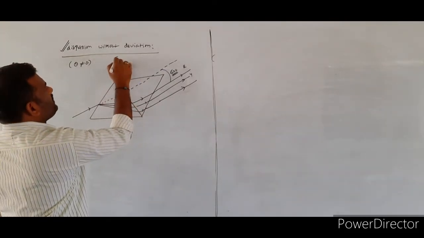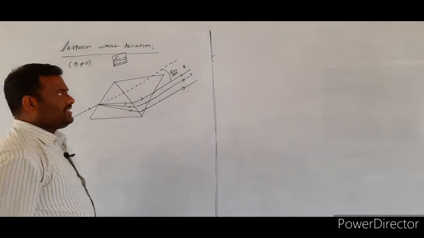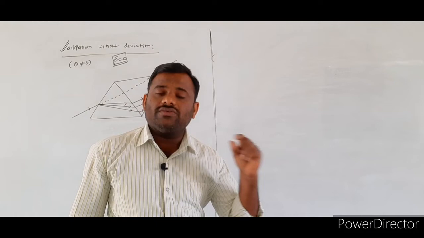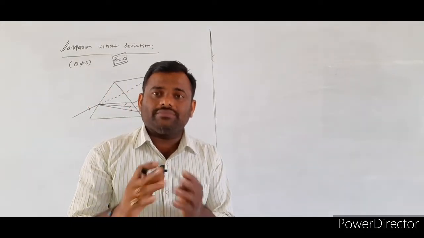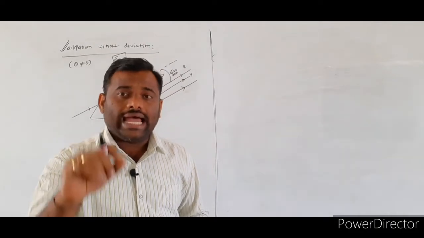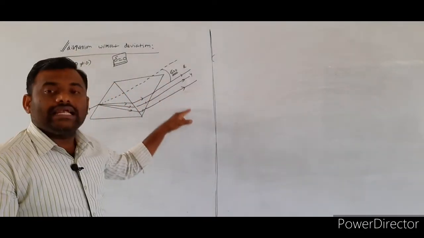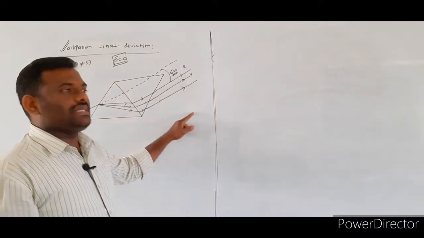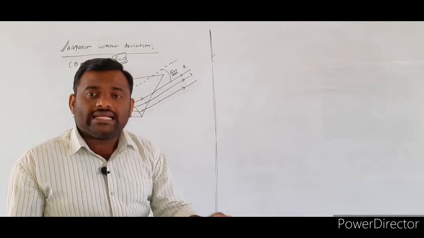Without deviation means the angle of deviation is equal to 0. That means whenever the light is incident on the achromatic prism, dispersion of the light will take place. That means the outcoming light will consist of different colors of the light.